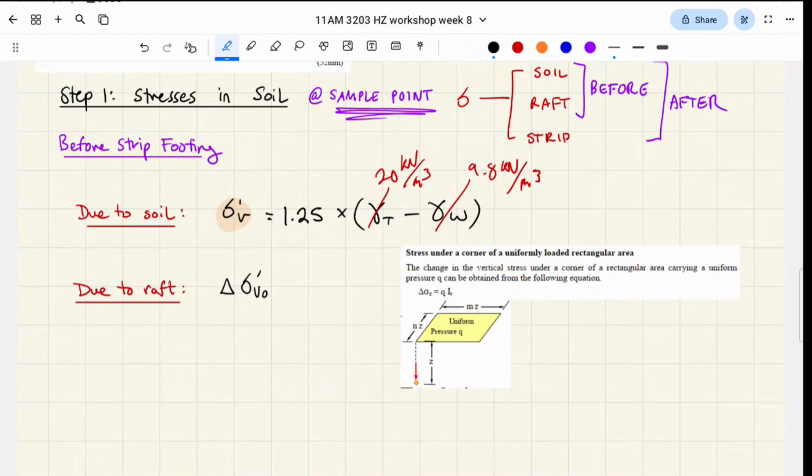So the stress at that point due to the soil we've just accounted for, now due to the raft is what we're going to calculate next. So we're going to have to use Fadum's chart and this formula.